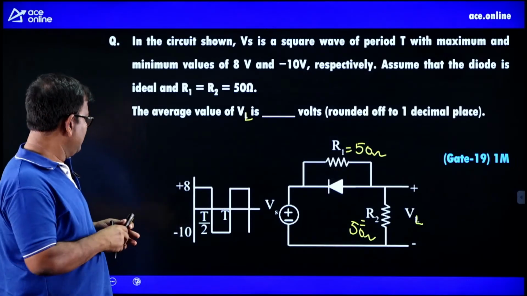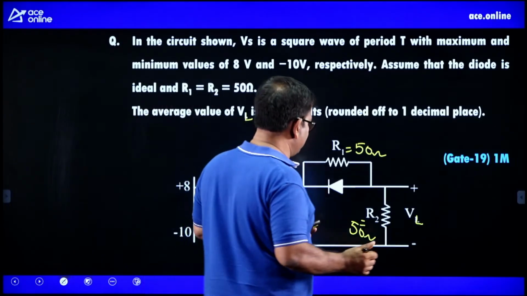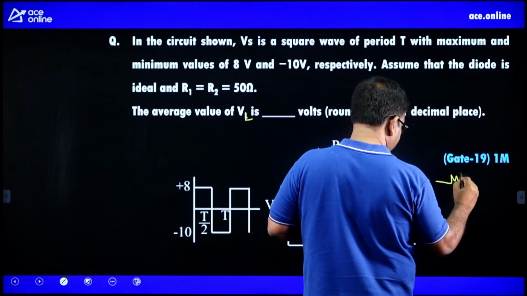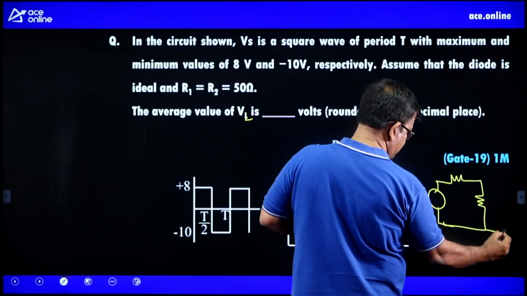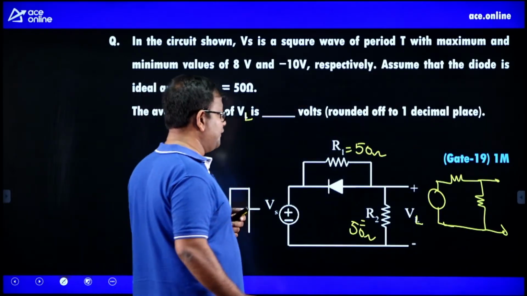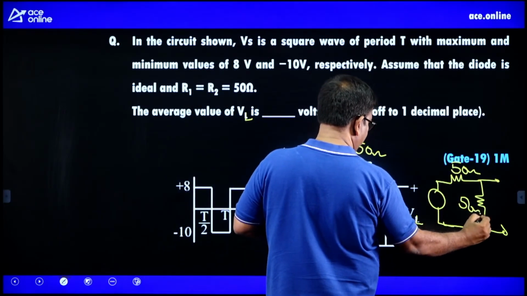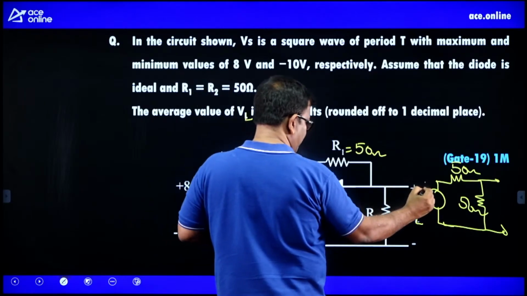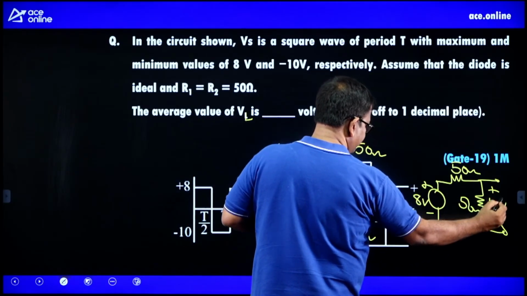So during positive cycle, we know that the diode is off, so it's a simple voltage divider. In a voltage divider, if two resistors are of the same value, you have 8 volt here, so you're going to get half of it, right, 4 volt.